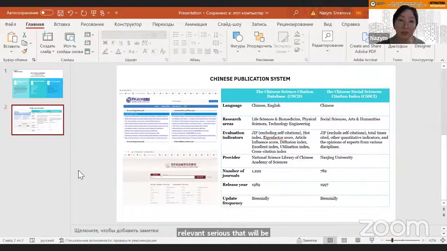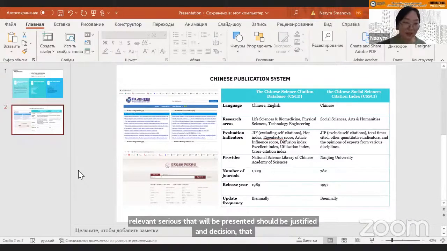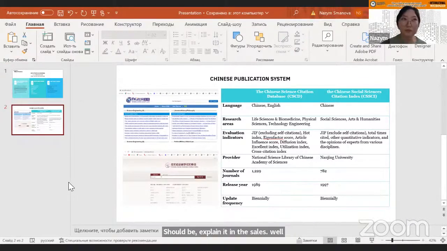Research design should be justified, and research methodology should be explained in detail. Also, it's recommended to use tables and figures to help readers visualize findings. And of course, the language is the most important part.